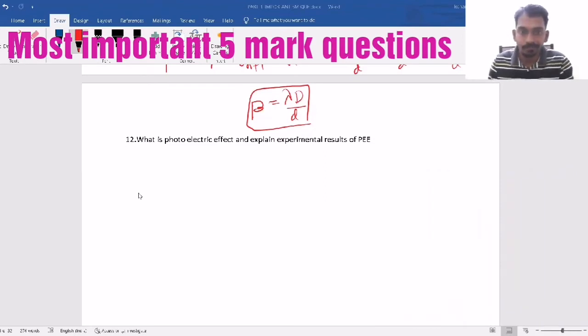Next question is, what is the photoelectric effect, and explain the experimental results of the photoelectric effect. So here, the very first thing we have to understand is what is emission of electrons.